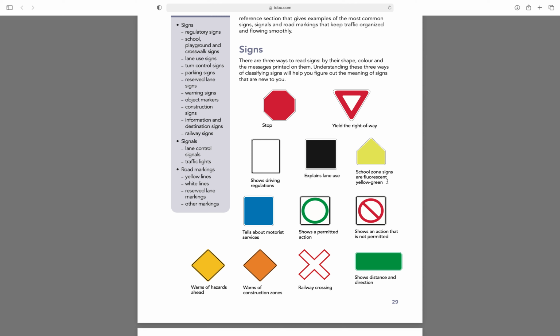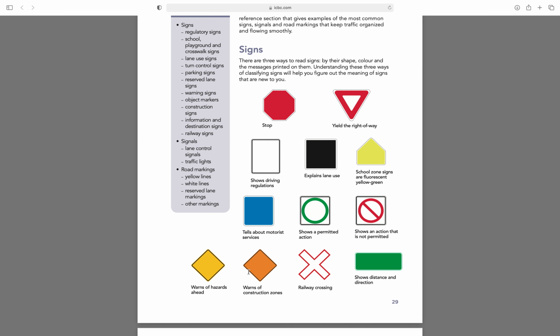This can be used for school zones, and they're usually yellow, and they're this shape, like a house shape. This one tells about motorist services, so maybe rest stops ahead. This shows a permitted action, so if you can turn right or you can turn left. This shows a not permitted action, so if you can't turn right or you can't turn left. This warns of hazards, so it will tell you if the road is going to be curving or anything like that.